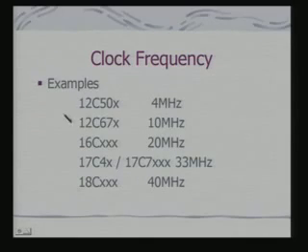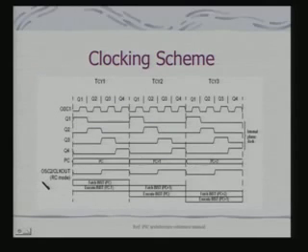Before that, let us look at some examples of clock frequency. These are some families of processors, and these are the clock frequencies with which they operate. Here you will see this is my oscillator clock, the basic clock which is coming in.